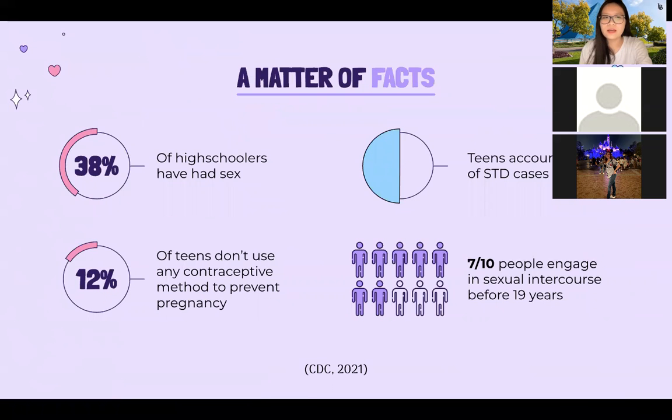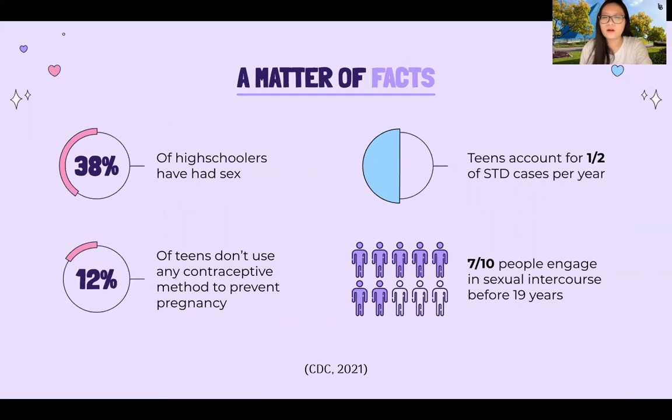It is concerning that 12% of teens out of the 38% of high schoolers have had sex before don't use any contraceptive method or birth control to prevent unwanted pregnancy. And it is very sad to hear that teenagers account for over half of the STD cases per year.